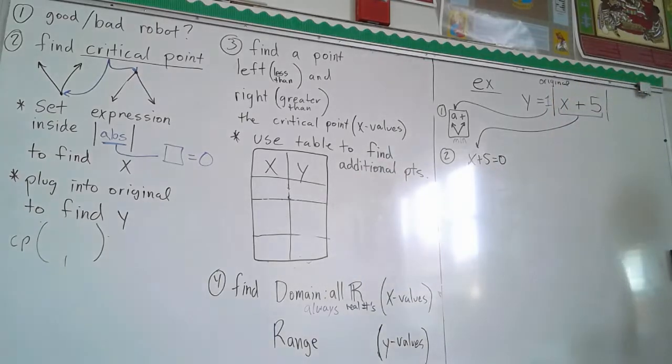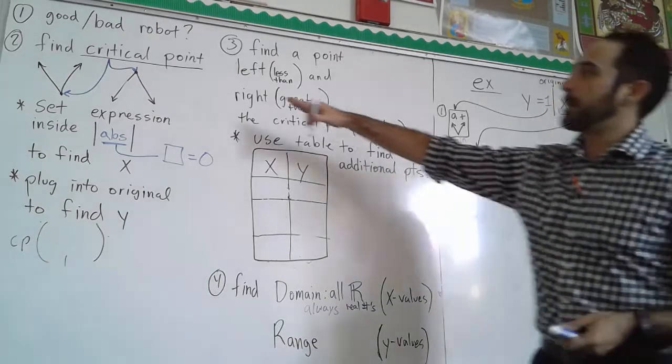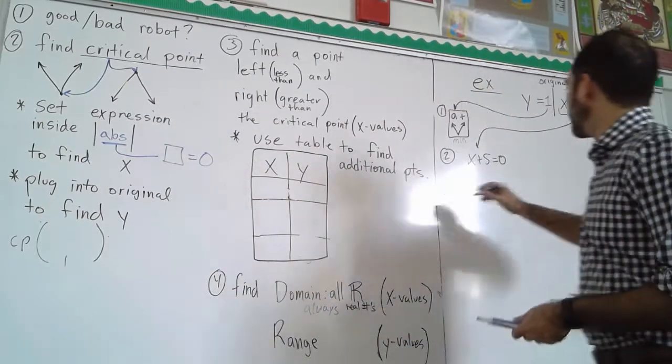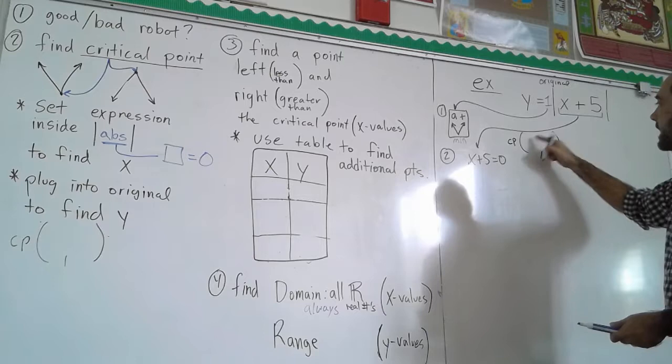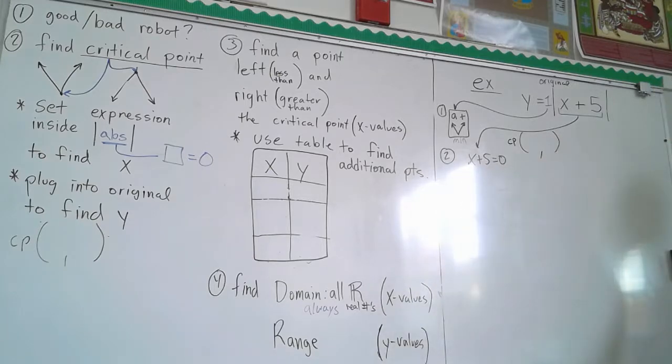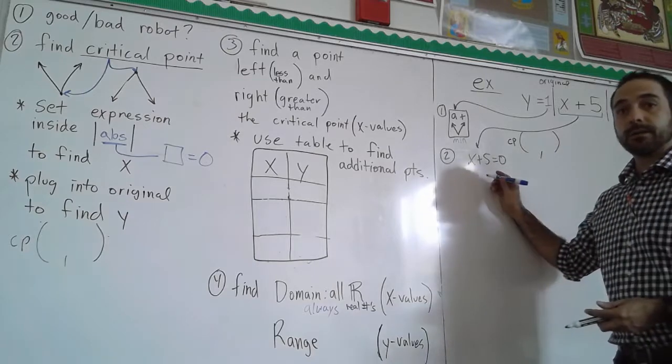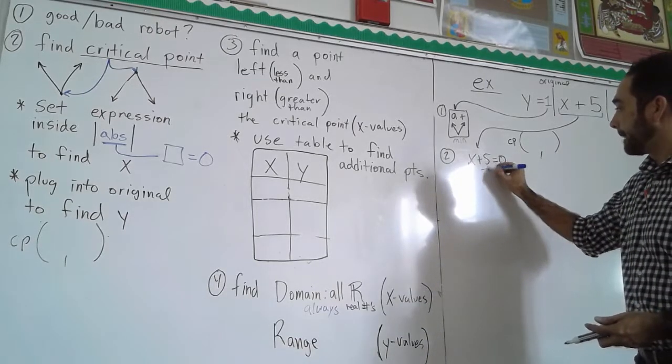What I'm doing in my second step is finding the critical point. My critical point is going to have an x and a y. Here I'm just going to figure out my x. For this, we're going to subtract 5.